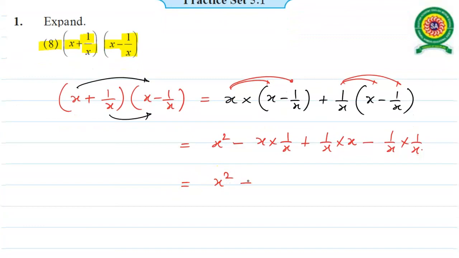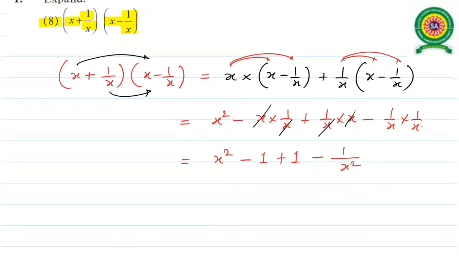X square as it is, minus of, here x and x from numerator and denominator get cancelled, we remain with 1. Again the same thing, x and x from numerator and denominator get cancelled, we remain with the plus 1, minus of 1 into 1 becomes 1 divided by x into x becomes x square. So here plus 1 minus 1 gives us 0. No need to write down 0, you may cross them, that means cancel them out.